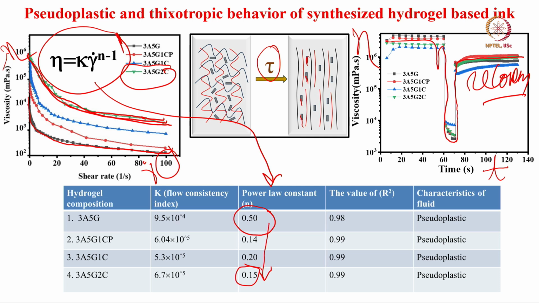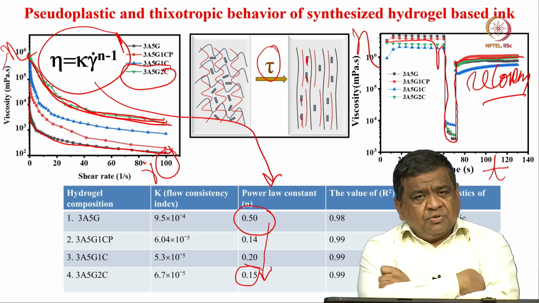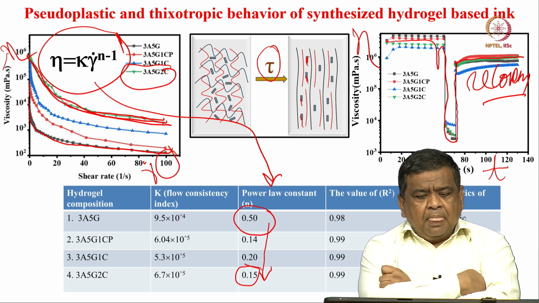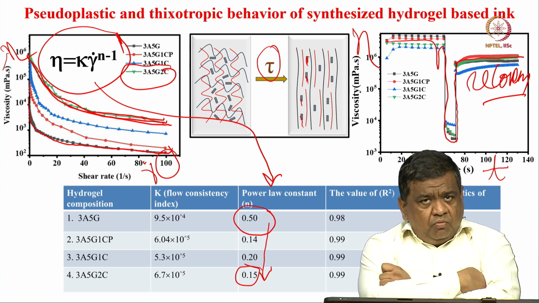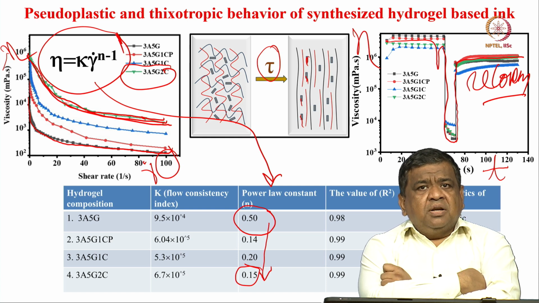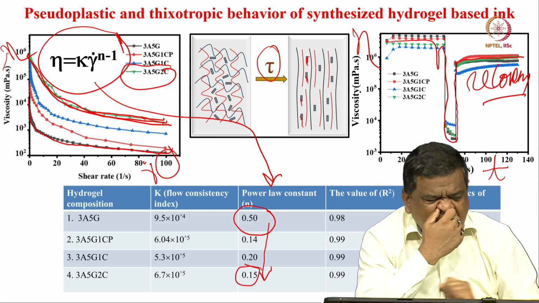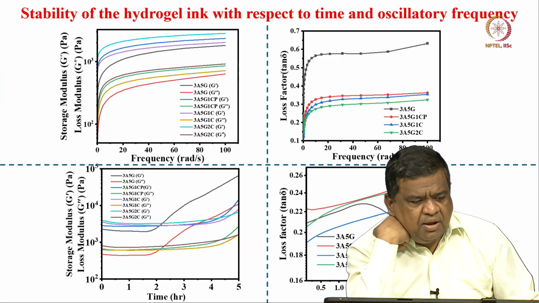From 0.5 to 0.15 is at least a 3 times decrease, almost 30% of the original n value measured in the 3A5G hydrogel. In summary, this hydrogel composition shows pseudoplastic as well as thixotropic behavior.